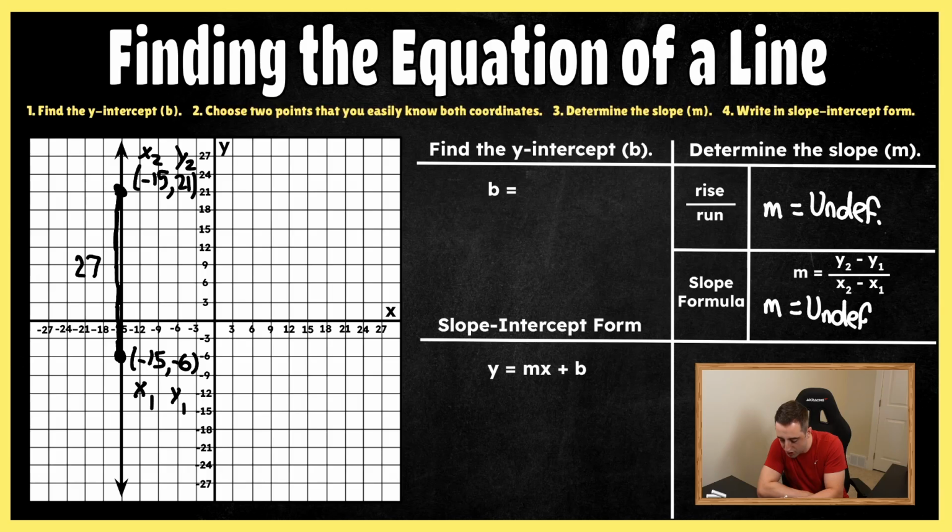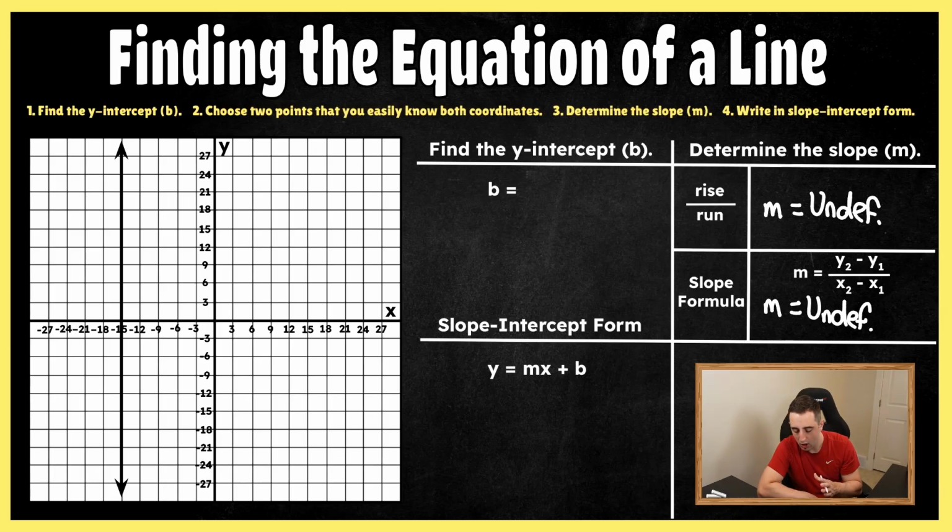Now, the only issue with this, when you're actually trying to put it into slope-intercept form and getting that equation of a line, well, it's kind of challenging to do that when you don't have a slope because it's undefined and it never crossed the y-axis, so you don't have a y-intercept or a b. So what do you actually do in this case? We need to figure out, well, what does it actually have in common here?